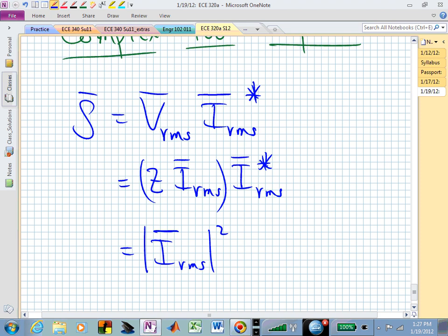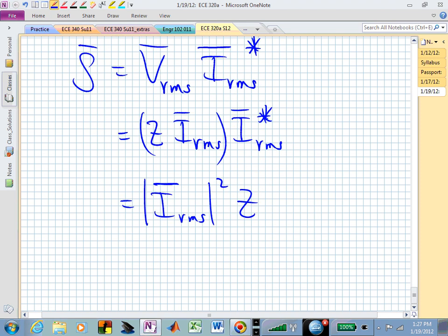So you end up with the magnitude squared times Z. But what's another way of writing the Z of a generic element? Its real part and its reactive part. And X could be negative. I'm not saying that X is always positive. X will be positive if it's inductive in nature. It will be negative if it's capacitive in nature.